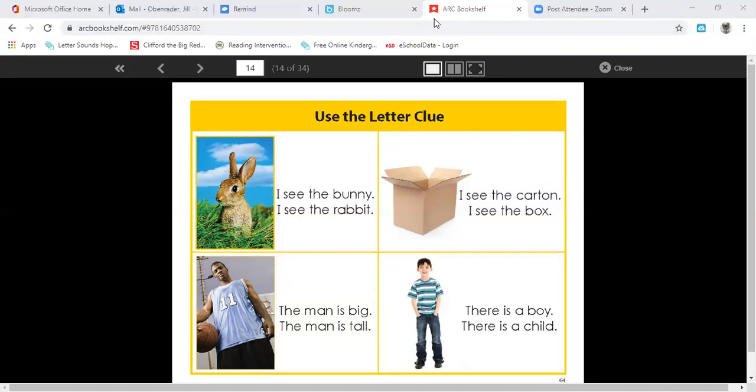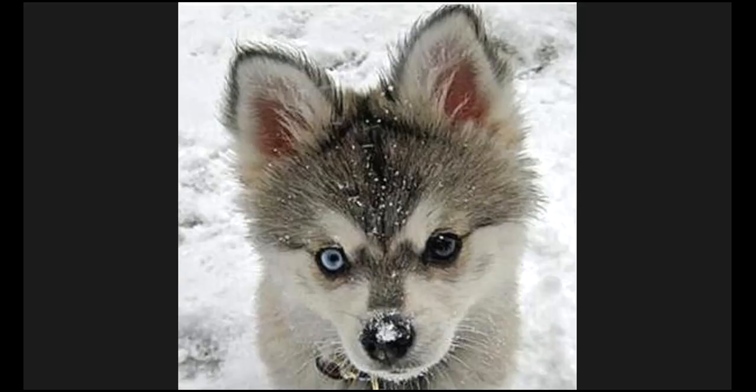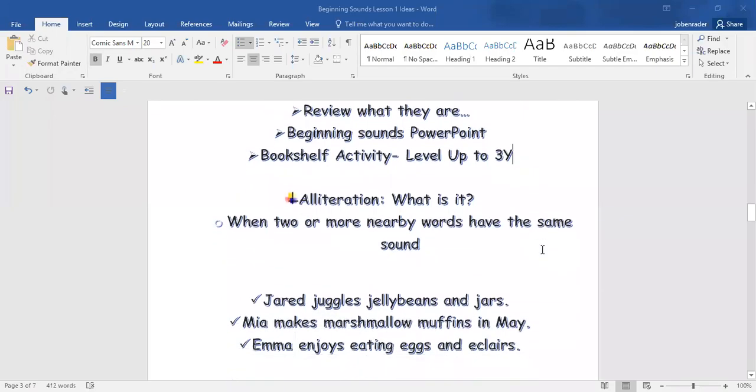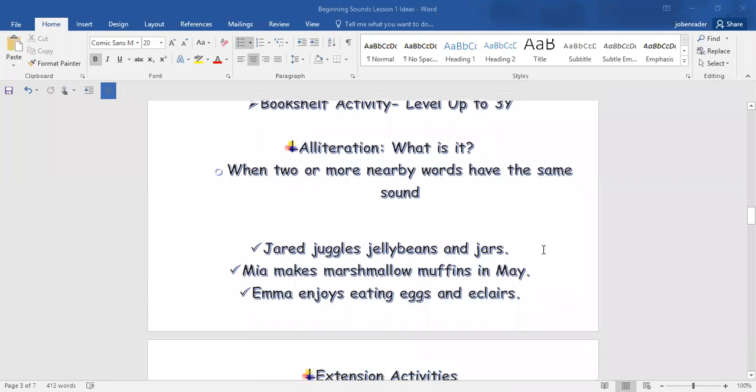So I'm going to stop that screen again, and I'm going to share with you back to our original screen here that we started out with. And we talked about the different Bookshelf activity. And then I'm just going to have you practice another big word called alliteration. What is it? That is when two or more nearby words have the same sound, like Jared juggles jelly beans and jars.